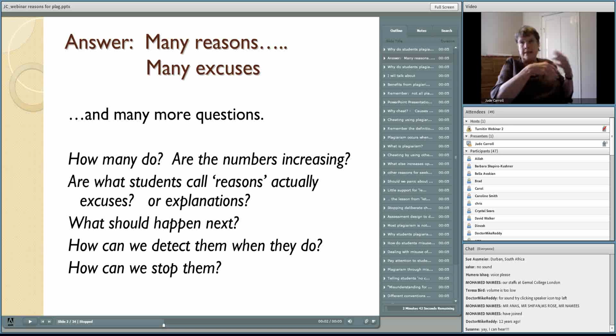And if my slide was working correctly, the questions would come up like, how many of them do it? How often? Is it getting more or is it getting less? What should we do when we find them? How do we stop them? So the question, why do they plagiarize, is never a question that stops there. It always triggers lots of other questions.